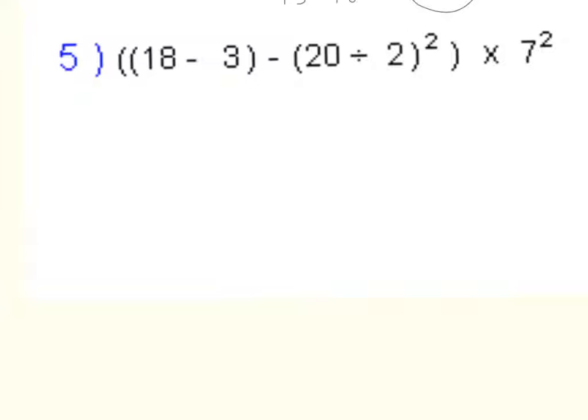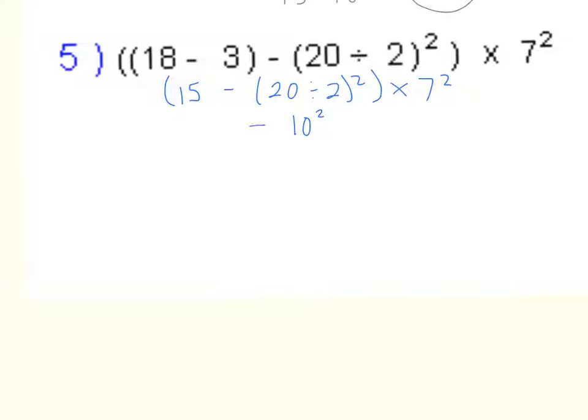18 minus 3 minus 20 divided by 2, all squared, times 7 squared. Okay, I'm going to focus on the parentheses inside the parentheses, more specifically the one on the left. So 18 minus 3 is 15. Copy everything down. Okay, I'm going to focus on the other parentheses inside the parentheses. So 20 divided by 2 is 10.